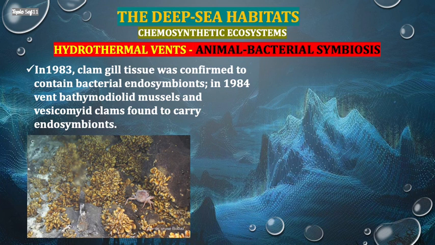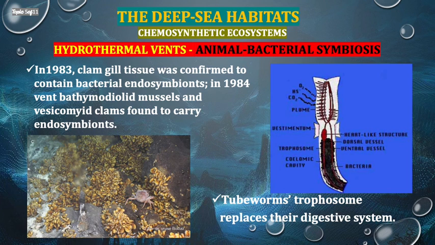A type of these clams is shown in the picture below. In 1984, the hydrothermal vent mussels and vesicomyid clams were also found to carry endosymbionts. Actually, before the discoveries in 1983 and 1984, it was in 1981 that the scientists learned that the bacteria and tube worm symbiosis actually exists.